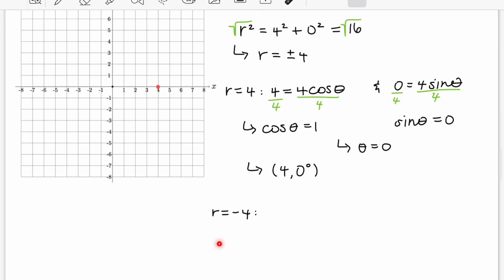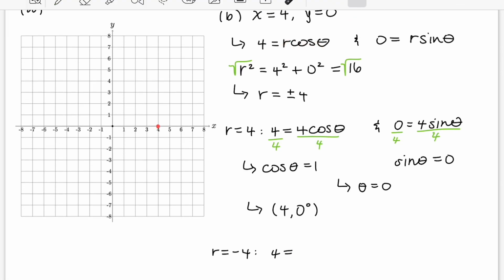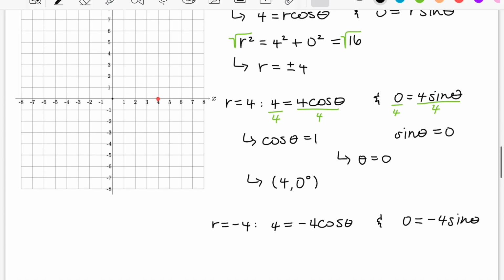Now going back to our other option for our radius, -4, we'll do the same thing here. We know x is equal to 4, and that'll be equal to r times cosine theta, so in this case, -4 times cosine theta. And 0 is going to be equal to -4 times sine theta. Now doing the same thing, we're going to solve for cosine theta, so we divide both sides by -4 for both of these equations.